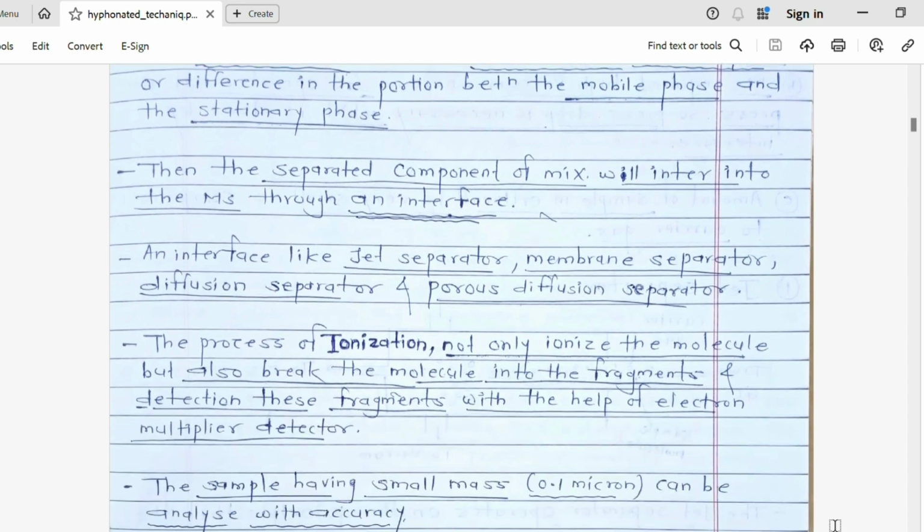Then the separated compounds of the mixture or sample enter into the MS with the help of an interface.